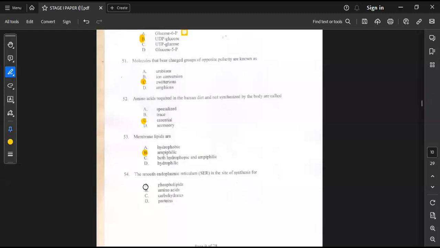I would go with carbohydrates, because the smooth endoplasmic reticulum is mostly for steroids, lipids, and carbohydrates.